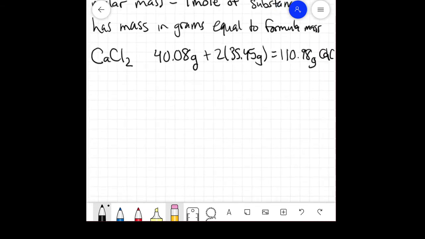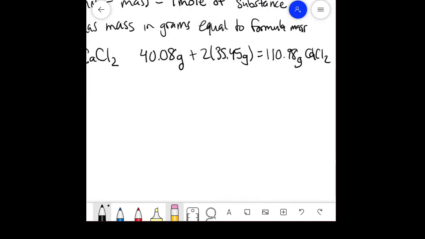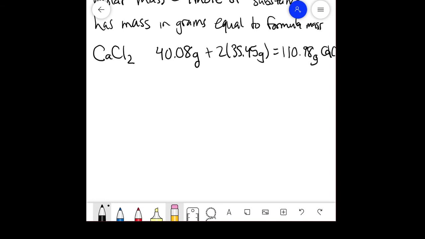So that's the molar mass, but that would also mean 1 mole calcium chloride would be 198 grams of calcium chloride. So that's kind of how those conversions work.